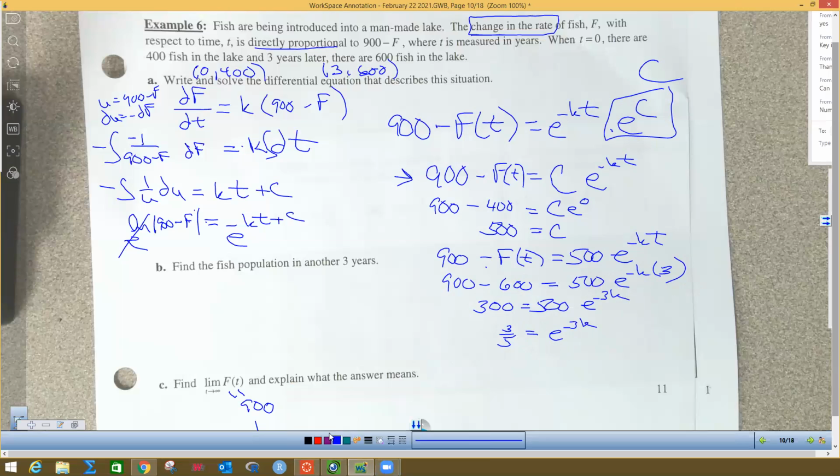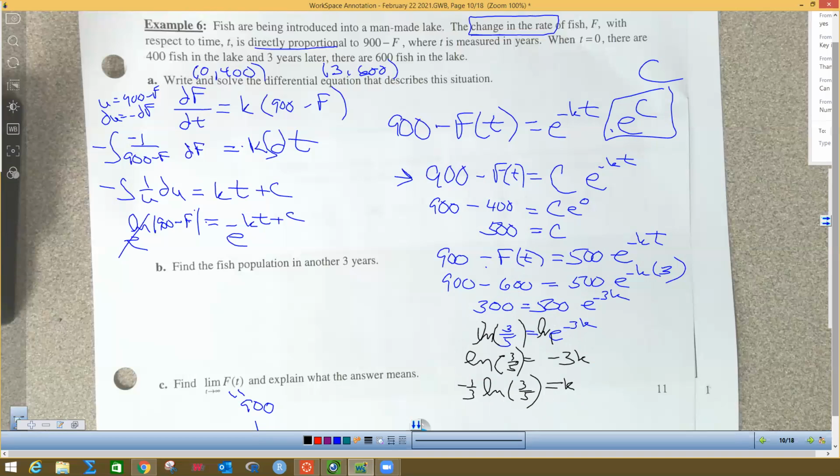Then I have to get rid of e, so I take the natural log of this side and the natural log of this side, and those two things cancel each other out. So I get negative 3k over here equals the natural log of 3/5. So k is going to equal, multiplied by negative 1/3, the natural log of 3/5.